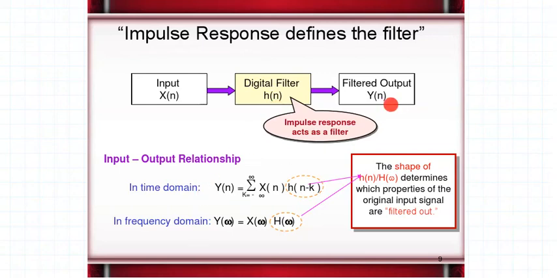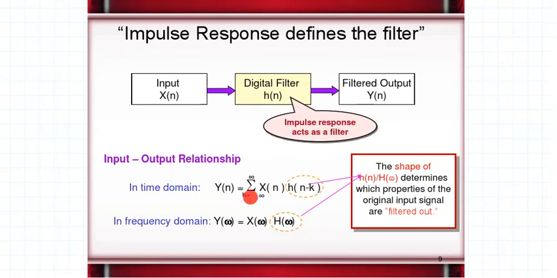I get the output y[n] by convolving the input x[n] with the impulse response that defines the filter. Remember, the impulse response here is describing the filter. This is the convolution equation that you have seen many times, that you have studied in signals and systems. So x[n] convolved with h[n] gives me the output y[n].